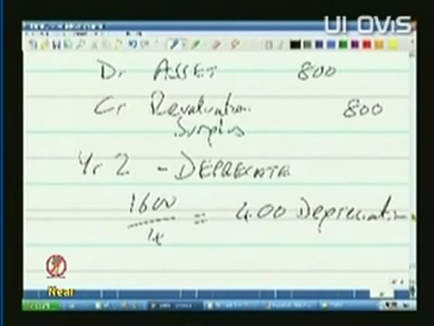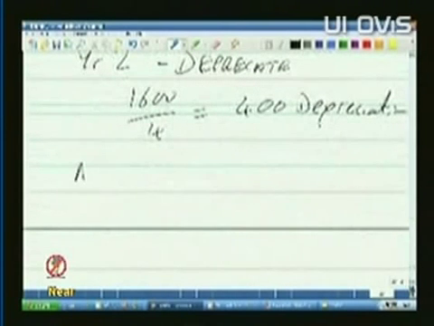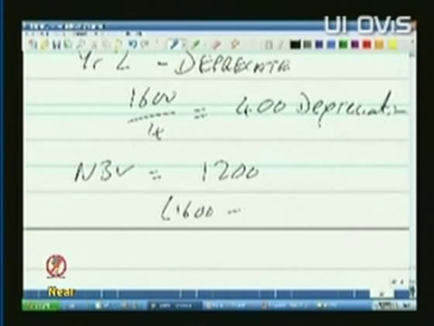Okay, so I'm depreciating it over its remaining life, which is taken from 1,600 down to 0 over 4 years. So I've got 400 of depreciation. Okay, so my net book value is now 1,200, which is the 1,600 minus the 400.